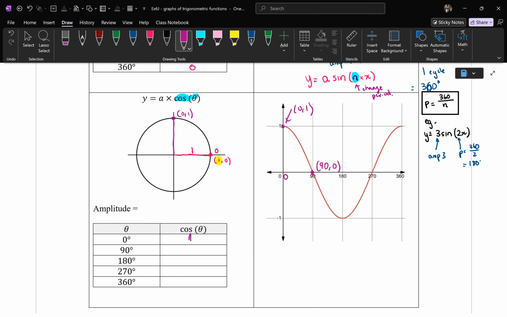Then from 90 degrees, when I rotate another quarter, I'm now at 180 degrees. What's my x value? -1. So I'm now at the minimum point. So this is now 180, -1.